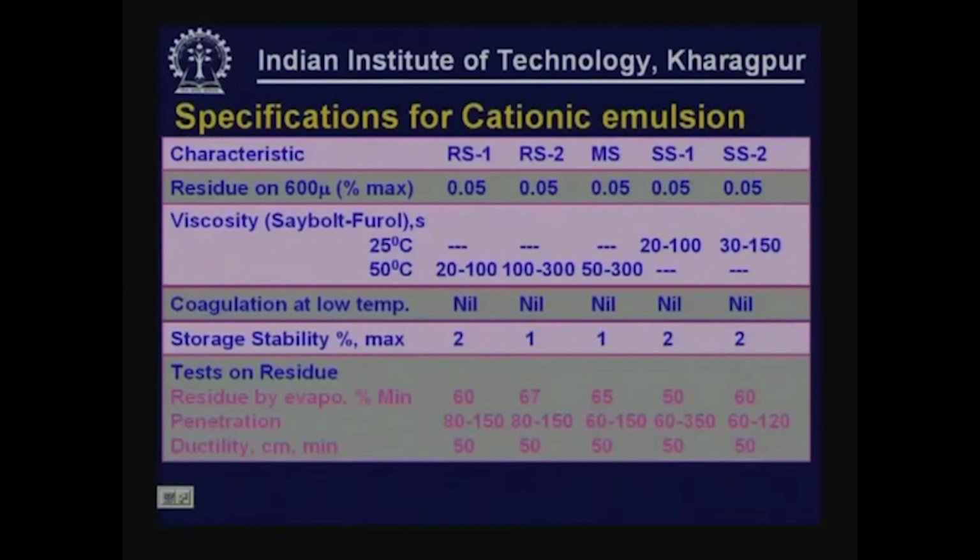These have been specified in terms of the typically produced slow setting emulsion 1, slow setting emulsion 2 and so on, and the binder that is normally used in producing these emulsions, the corresponding bitumen properties have been given here. The ductility should be a minimum of 50 for all the residual bitumens that we get from these emulsions.